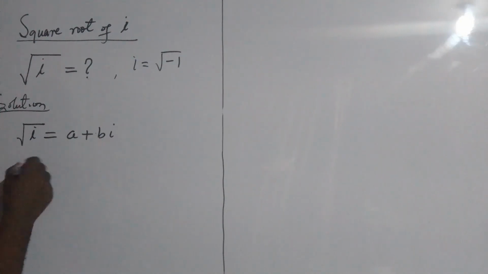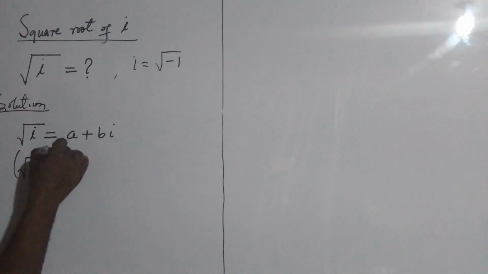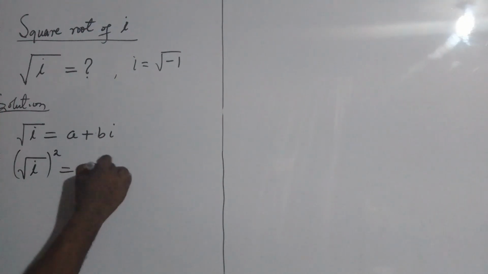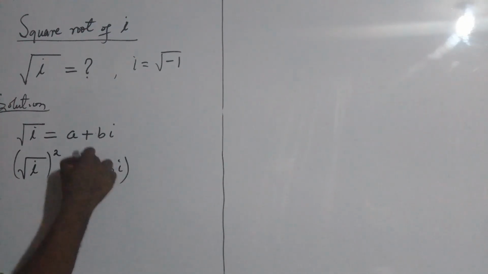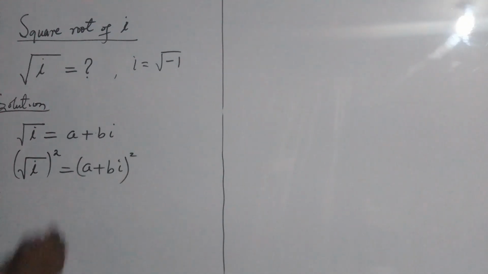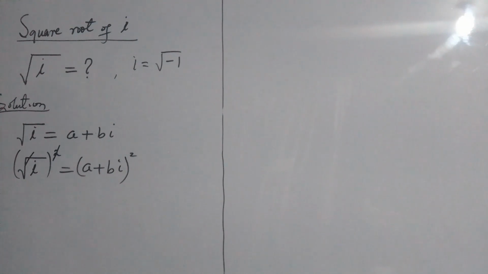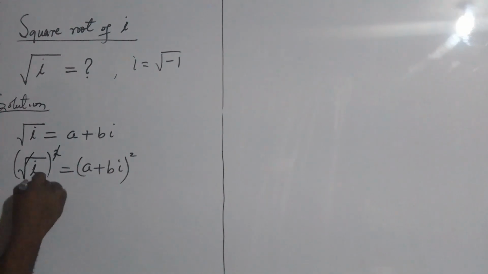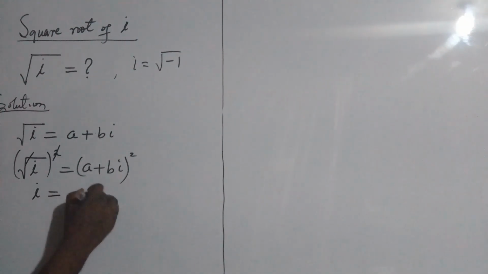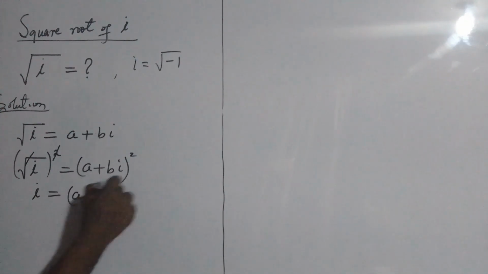And therefore, if we take the square of both sides, this would be (a + bi) squared. Then the square and the square root on the left hand side cancel out each other, so we have i equal to (a + bi) squared.